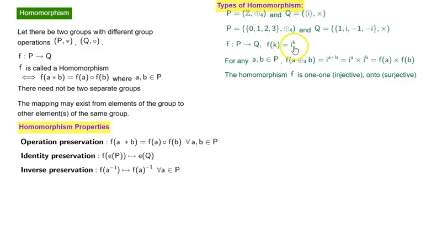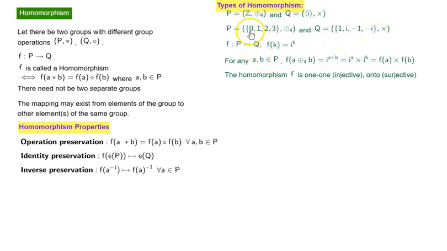So F of 0 is equal to I to the power of 0, which is nothing but 1. F of 1 is equal to I to the power of 1, which is I. F of 2 is equal to I square, which is minus 1. And F of 3 is equal to I to the power of 3, which is equal to minus I.